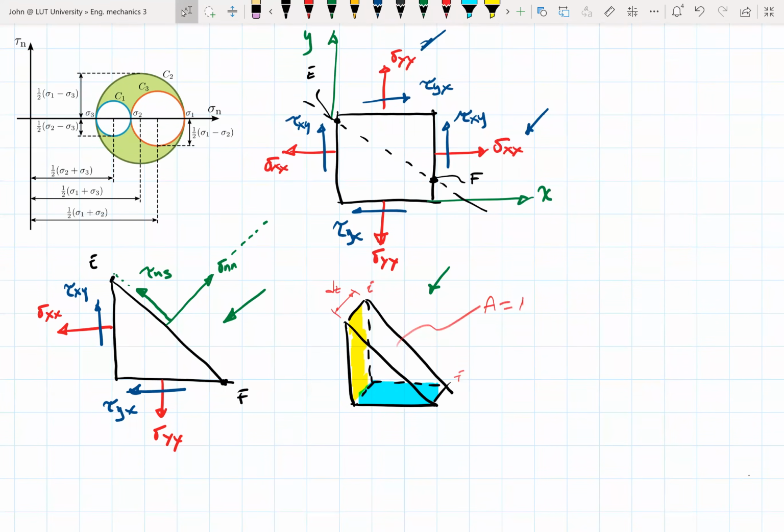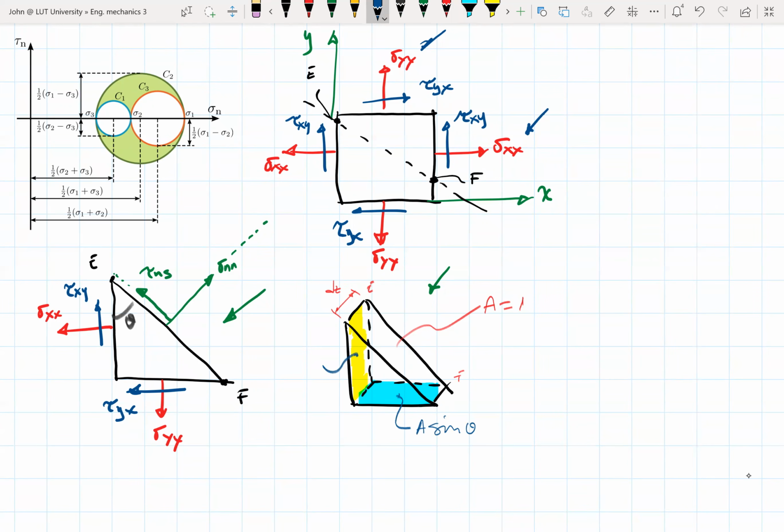As the inclination is oriented at an angle theta, I could say that this area is going to be the original area, the big area represented by the section created by the cut plane EF, times the sine of theta.